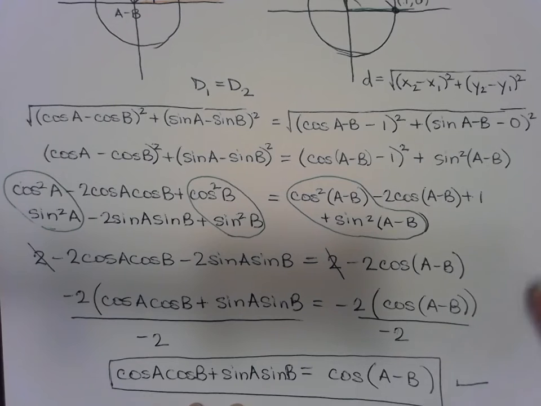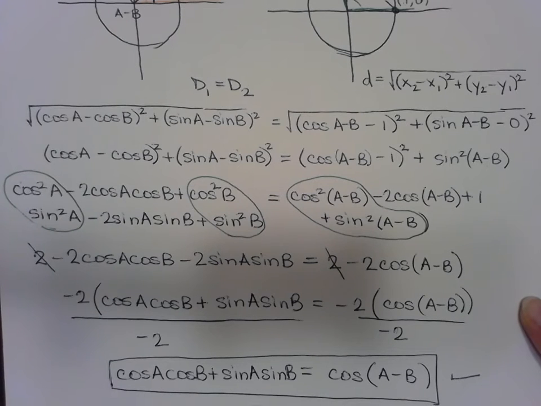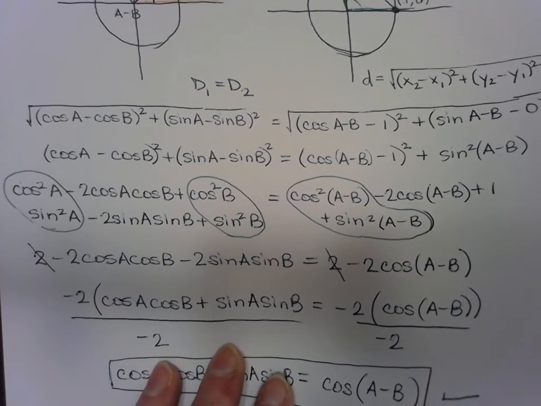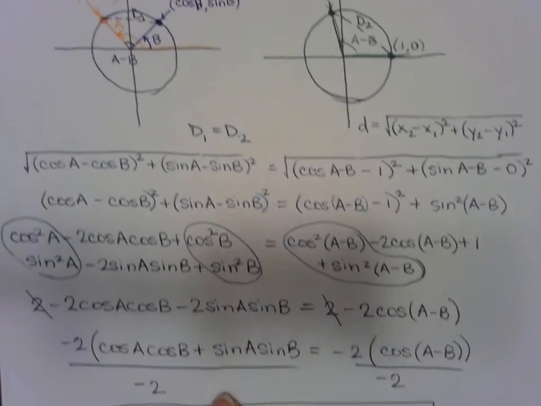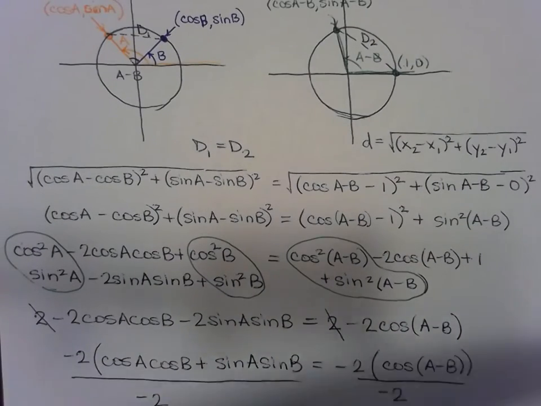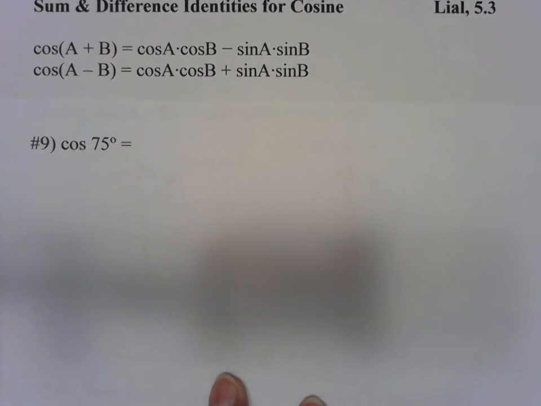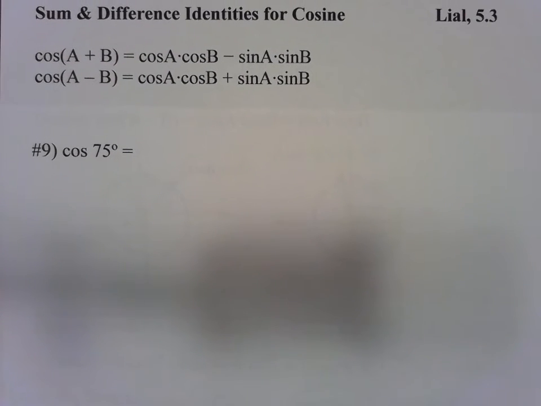So let's look at a couple examples that use these 2 formulas. Okay, so first of all, we can calculate the cosine of angles, especially angles that we can rewrite in terms of angles that we already know the values for. 75 degrees would be one good example of that, right?